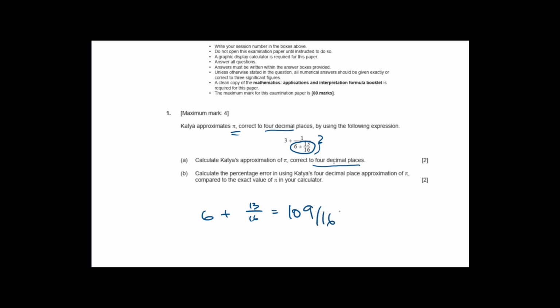I'm going to leave it like that for now, but they want 1 over that. So 1 over that is going to be equal to 16 over 109. We take the reciprocal and we're going to add. So that's that done.